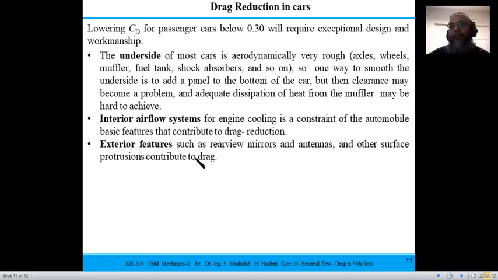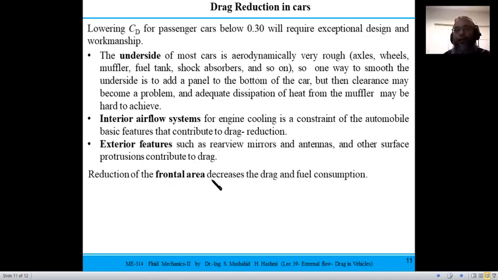These exterior features such as the mirrors, antennas, and other surface protrusions also contribute to the drag. And we know the formula for the drag coefficient: if you reduce the frontal area, your drag reduces. Once you reduce your drag, obviously fuel consumption is also reduced.